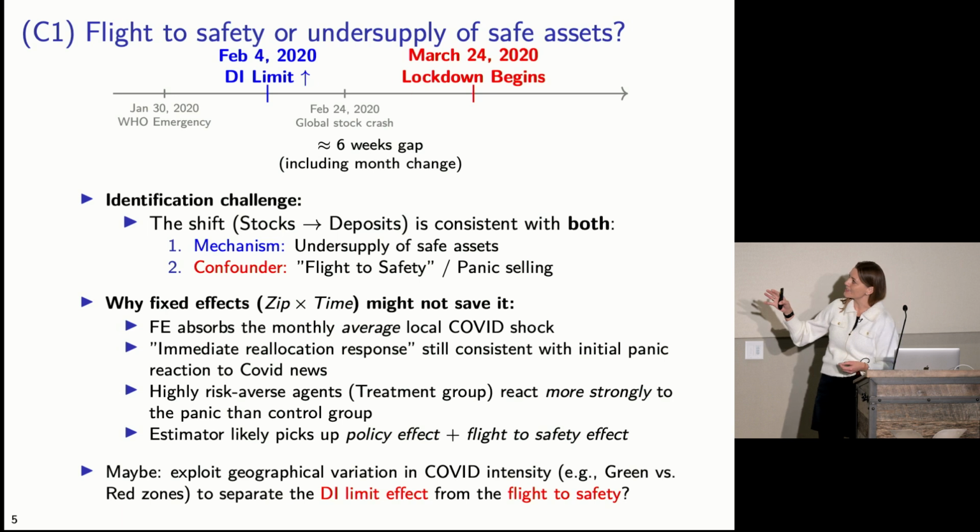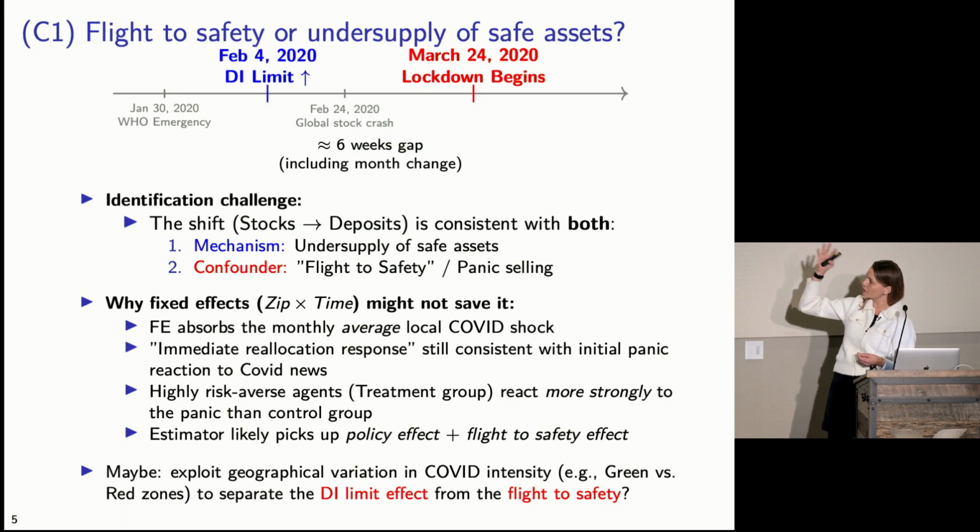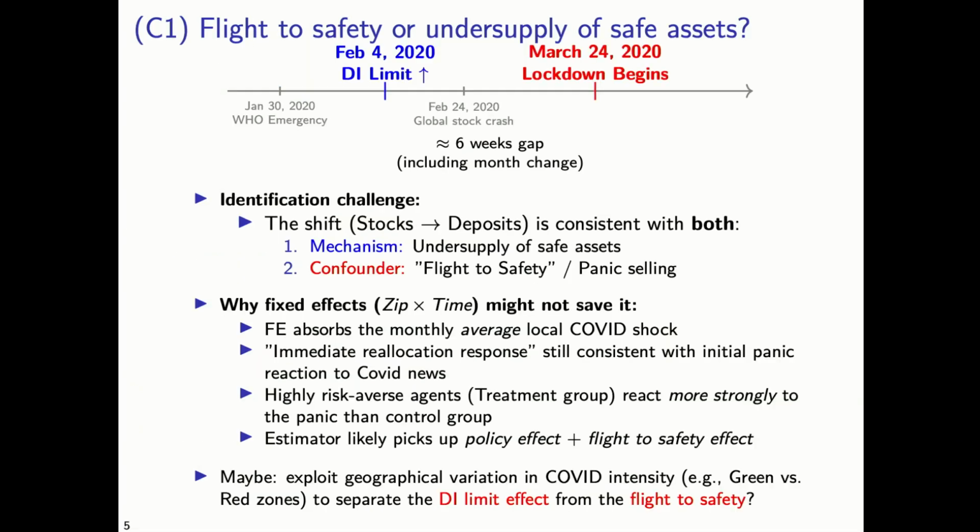And just to see, it was announced February 1st, February 4th, it got implemented really quick. And February 24th, there was a global stock market crash, and I had no idea what happened in India, but I confirmed that also in India, this was a big concern. And this is still in the same month.